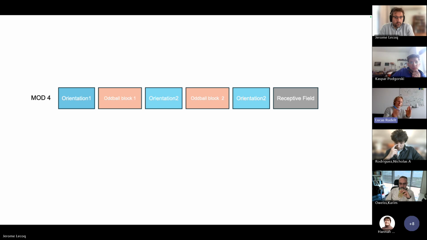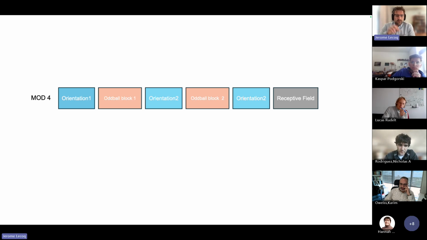Yeah, if the target is to compare oddball condition 1 and oddball condition 2, I think it would be helpful if we do some analysis that looks at our existing data, to see what happens when you present the same stimulus, the standard condition, over and over from the start of the oddball block.